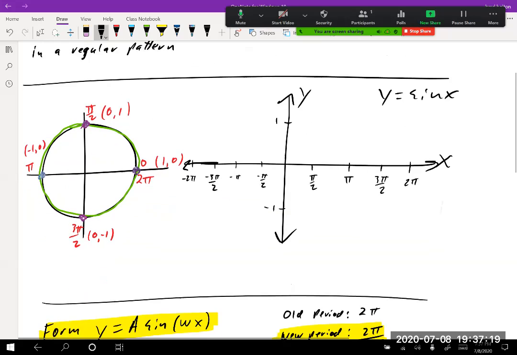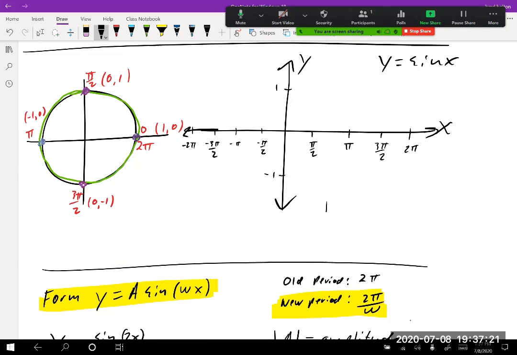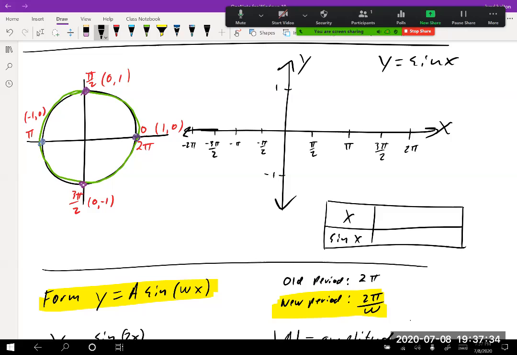So I'm going to prepare a little table of values. On this little table of values, I'm going to have sine of x, and I'm going to have x. Normally you do 5. They call it the 5 key x values.